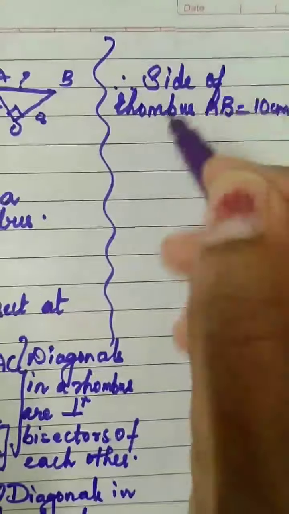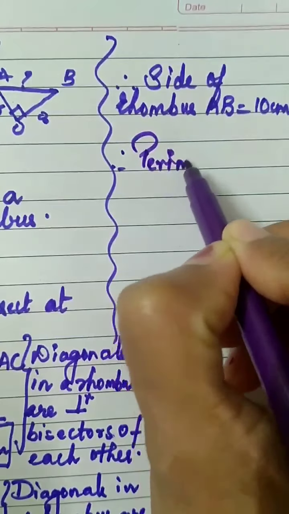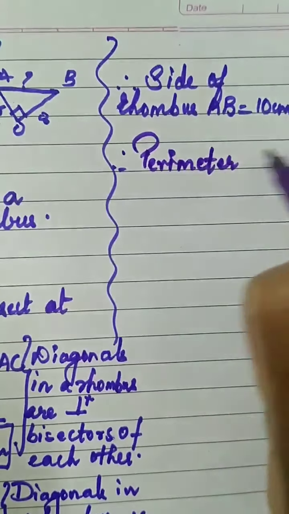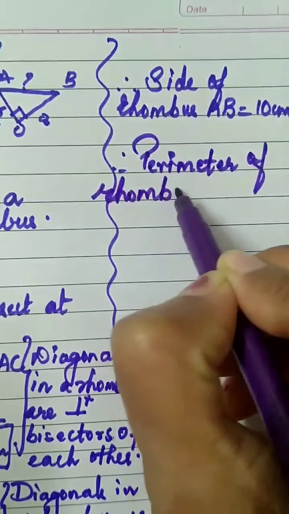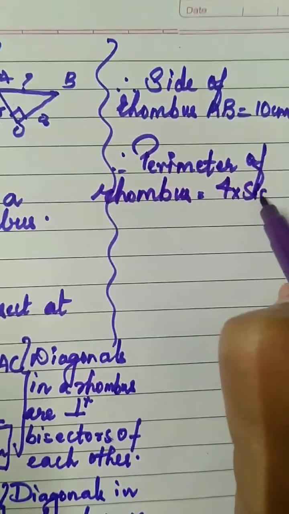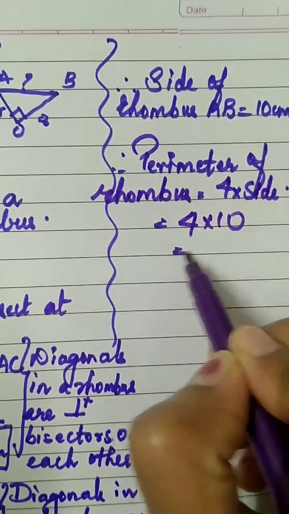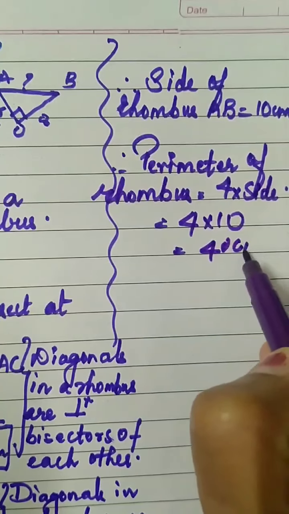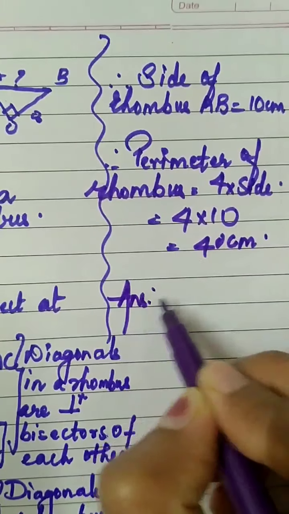Okay. So you will write, therefore, perimeter of rhombus. Okay, you have to specify this formula. Perimeter of rhombus is equal to 4 into side, which is equal to 4 into 10, 40 centimeter. Specify the final answer.